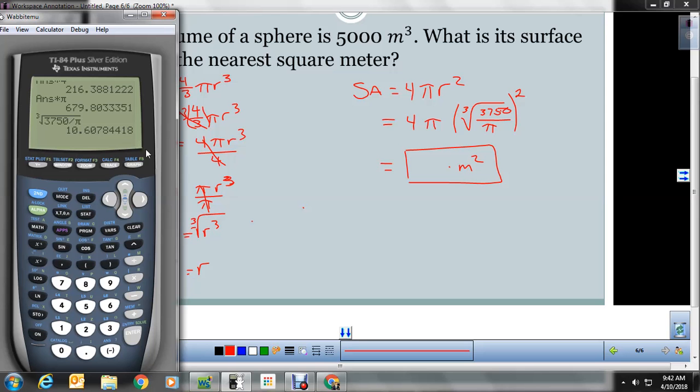So this is approximately our radius here, so then I'm going to square it. So I'm going to raise it to the second power. And now I'm going to multiply it by 4. And now times pi. That gives us 1414.0, so this answer will end up being 1,414 square meters.